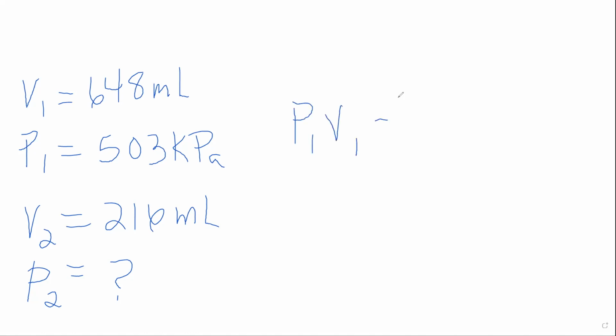So Boyle's law is P1 V1 equals P2 V2. So it's already in linear form. All we have to do is solve for P2. P2 is going to be equal to what? Who wants to do that one? I'm helping you with this one a little bit.